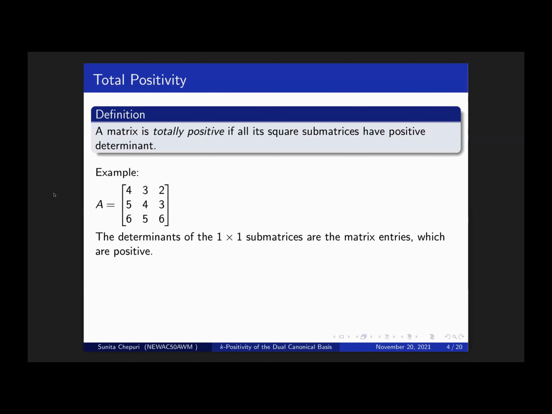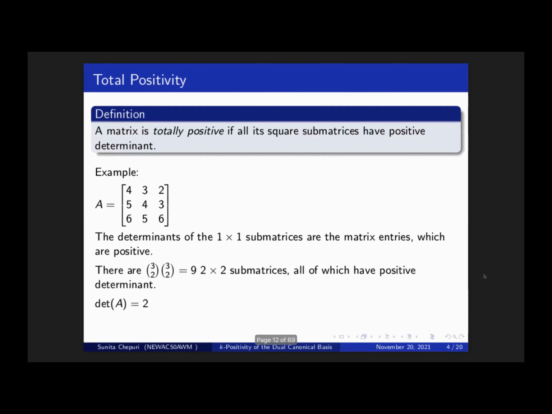So we can look at this right away and see all of those are positive. There are 9 2-by-2 submatrices, and you could check all of them if you feel so inclined. They all have positive determinant. The determinant of the whole matrix, which is the only 3-by-3 submatrix, is 2. So everything is positive, so A is totally positive.